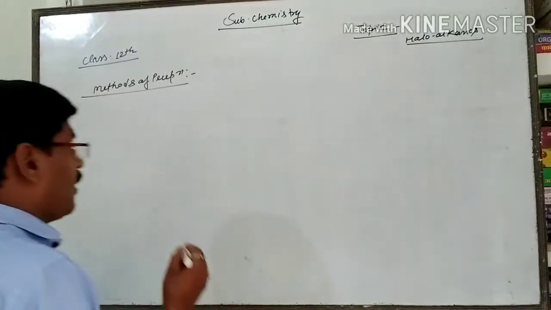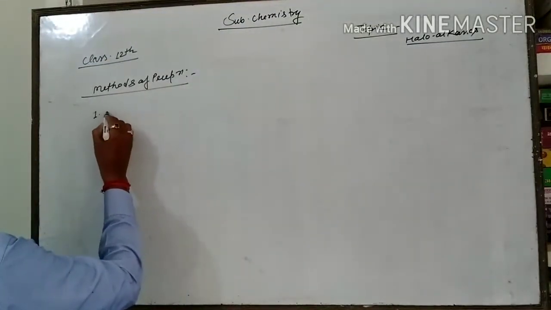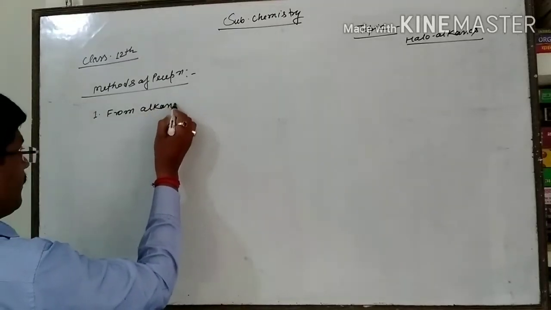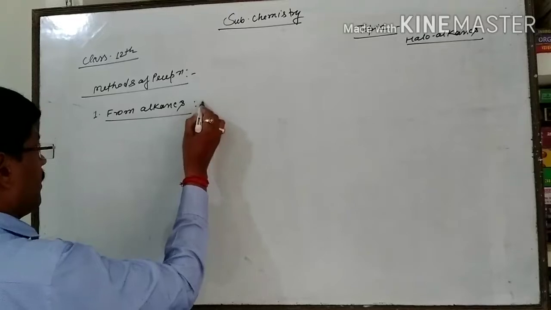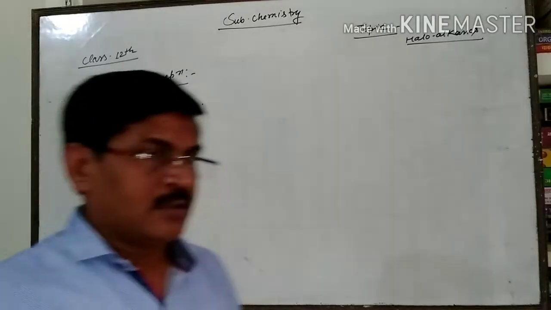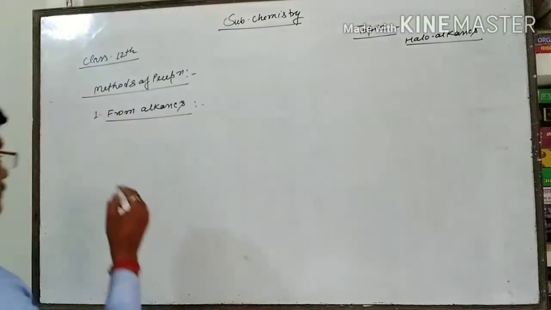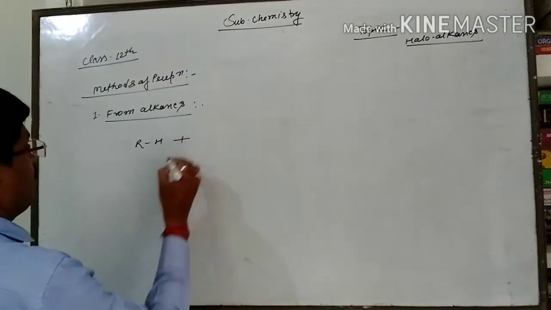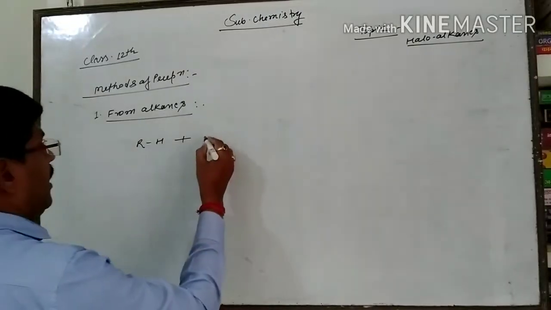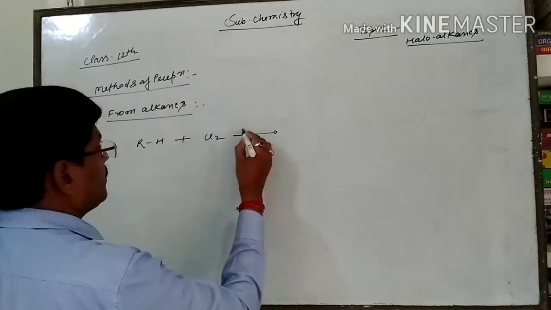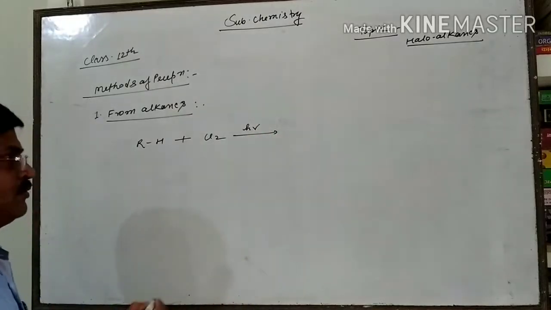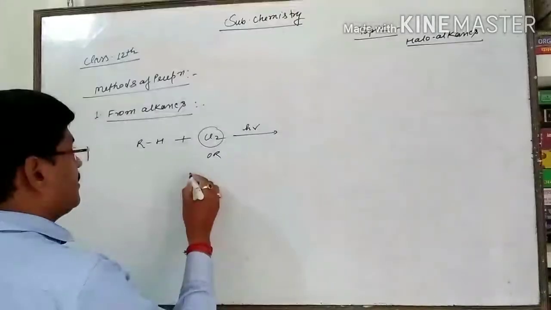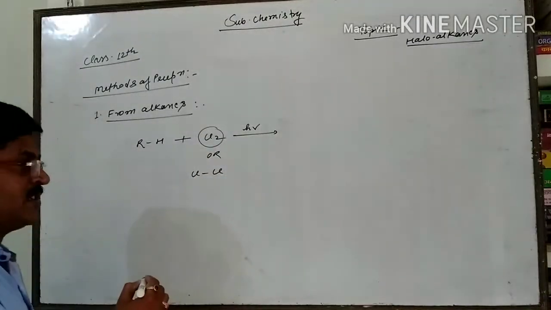First of all, from alkanes. If I have taken an alkane like RH and passed Cl2 in presence of sunlight, Cl2 I can represent as Cl with Cl by a single bond.